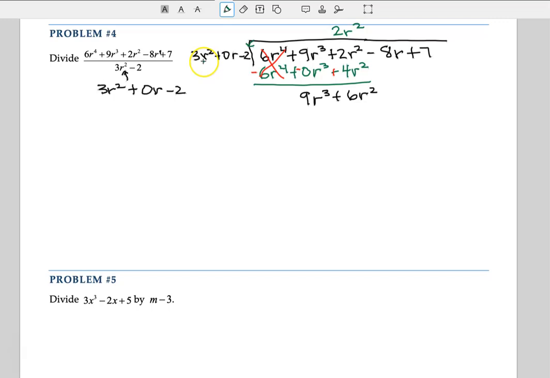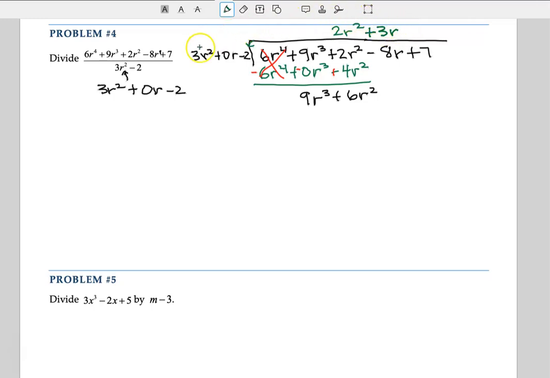What times 3r gives me 9r cubed? 3r? Yeah, 3r, because 3 times 3 is the 9, and then r times r squared is r cubed. So that's why it needs to be that.